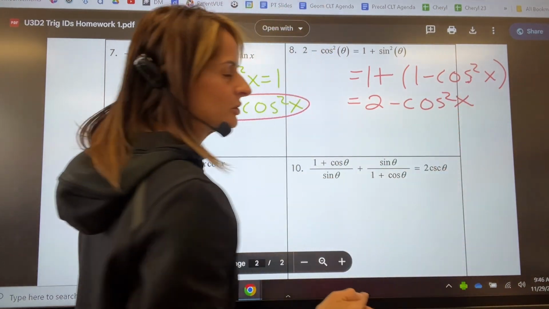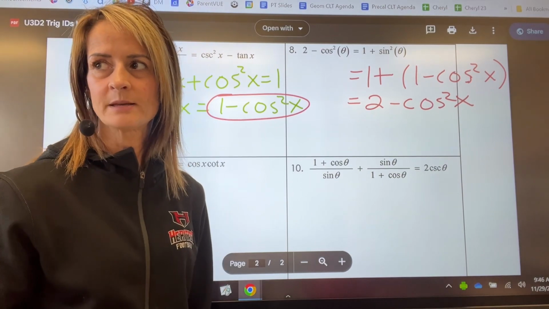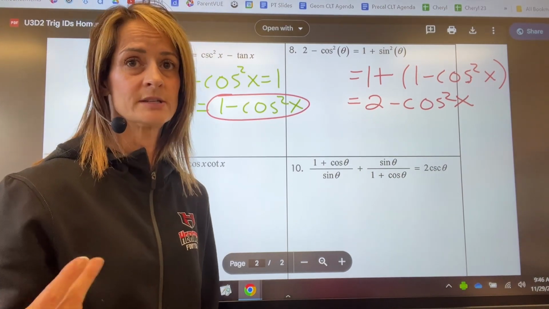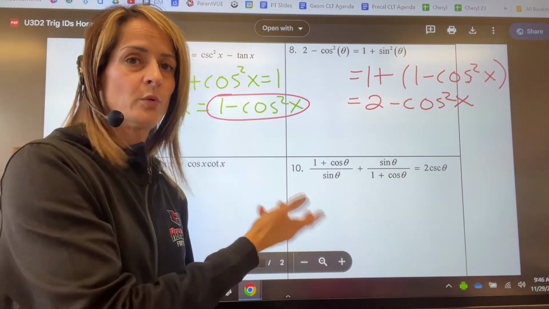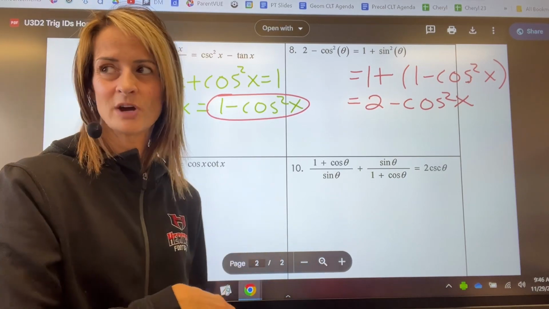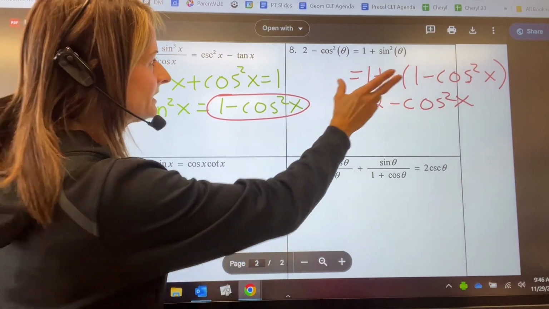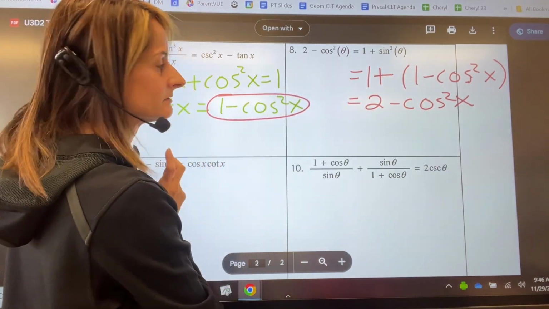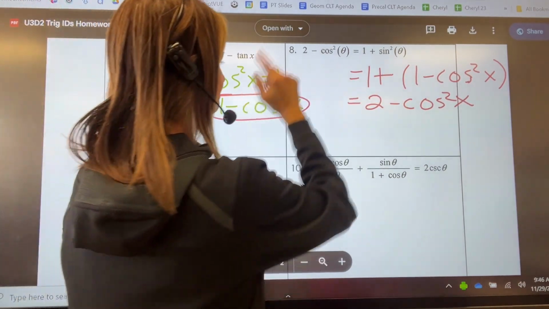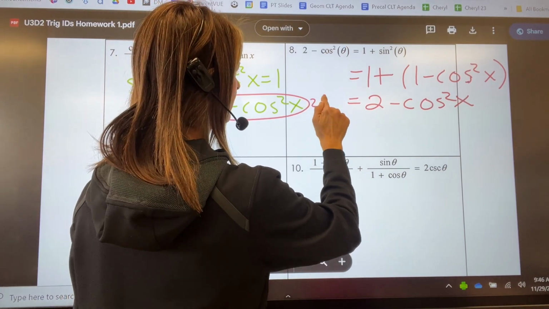And sometimes you're gonna pick something, you're gonna try something, and it's not wrong, it's right. It just doesn't get you to go where you want it to go, so you just erase it and try something else. I've done that plenty of times. But now the right side is the same as the left.